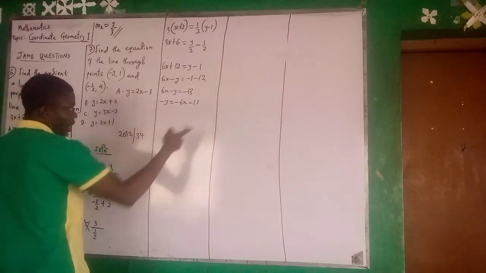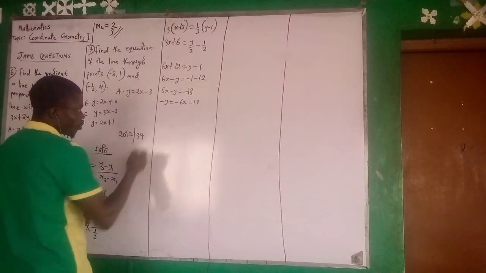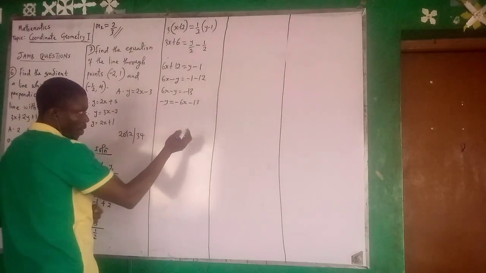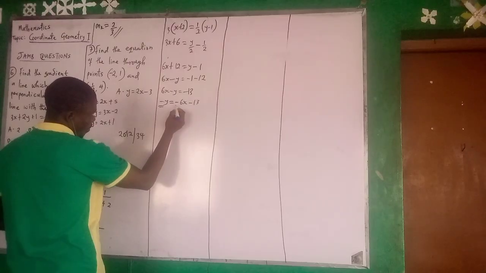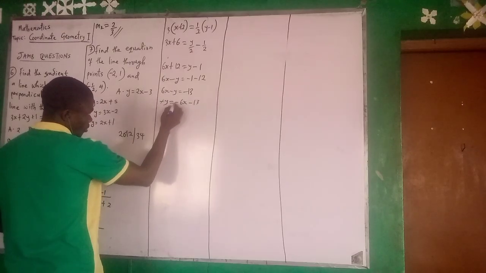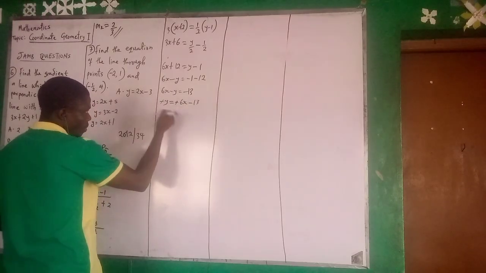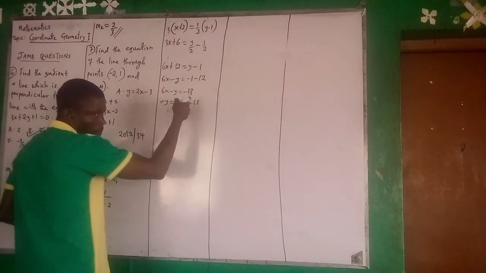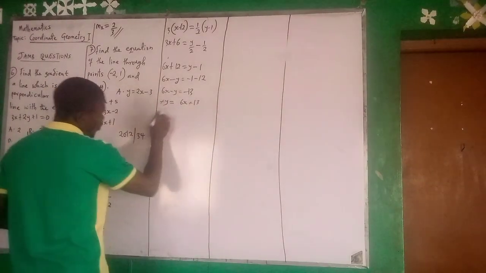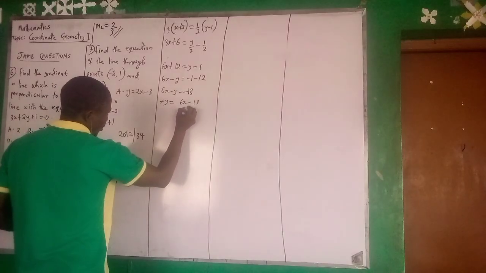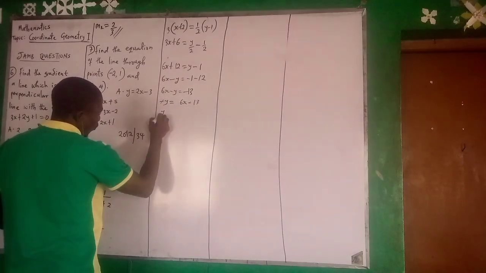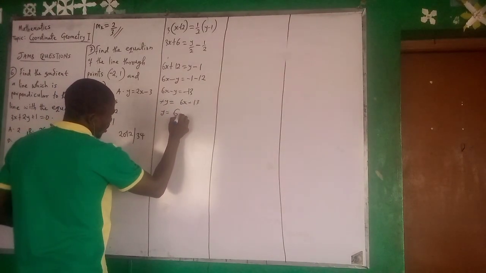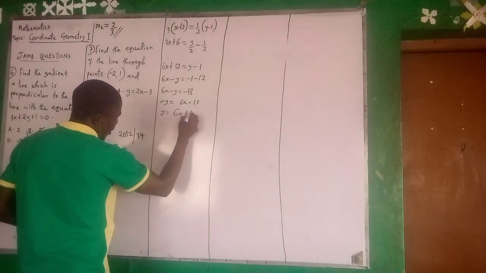Now let me divide all through by minus. Minus divided by minus is plus, right? So we end up getting y equal to 6x plus 13.